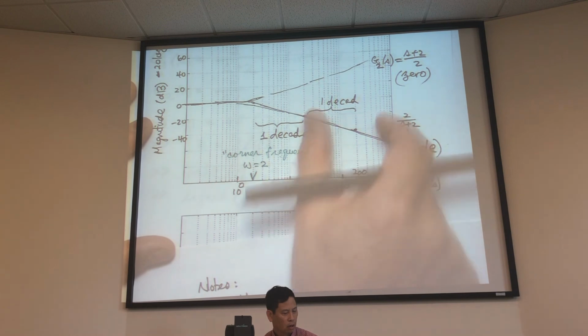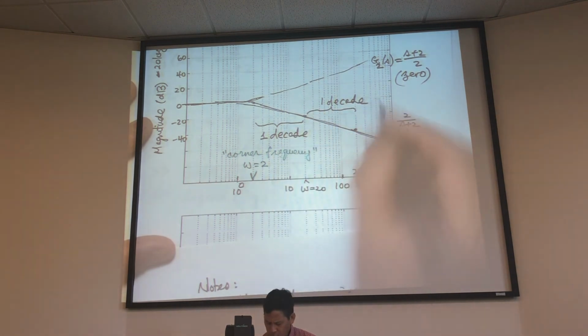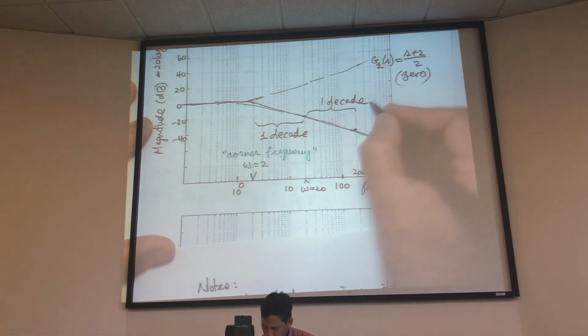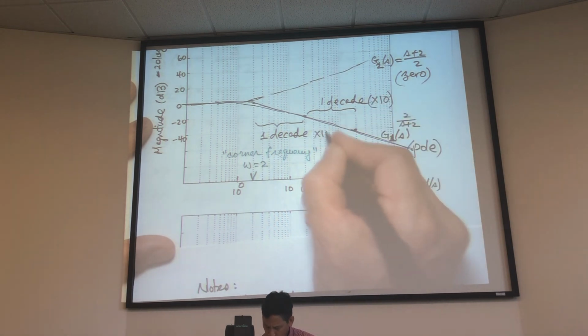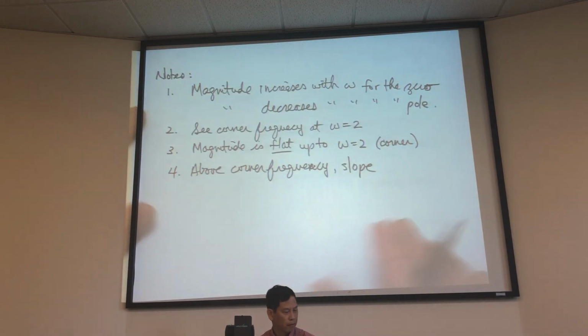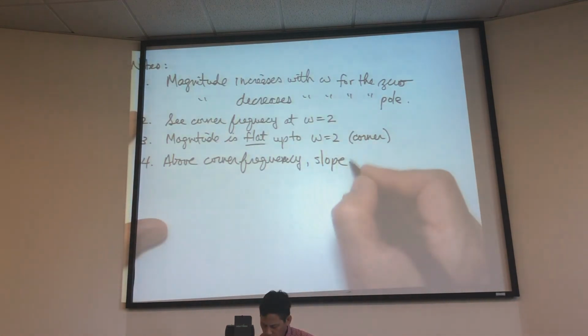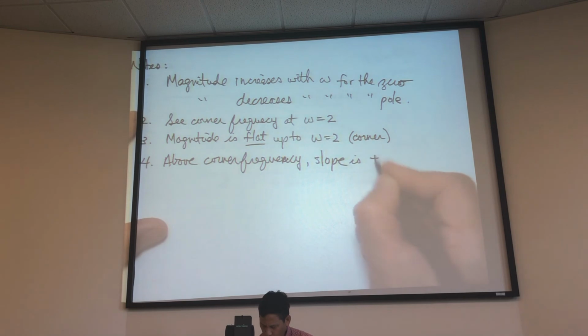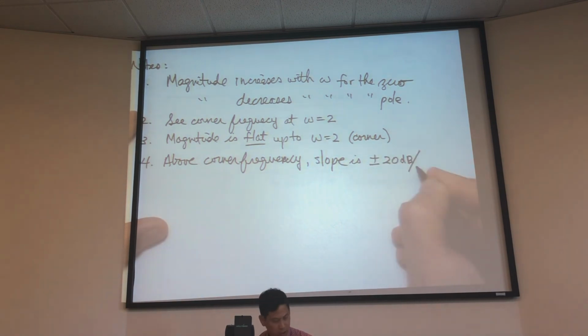Anywhere along here, a factor of 10 is 1 decade. Decade means times 10. So above the corner frequency, the slope is either plus or minus 20 dB per decade.